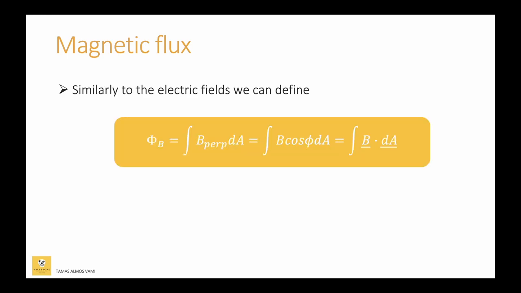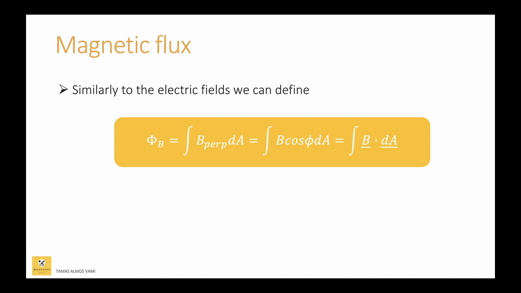So we can similarly define a magnetic flux. Now we will call that phi B, and again this is going to be the perpendicular part of the magnetic field with some surface, that you get by the cosine, which mathematically is a surface integral.